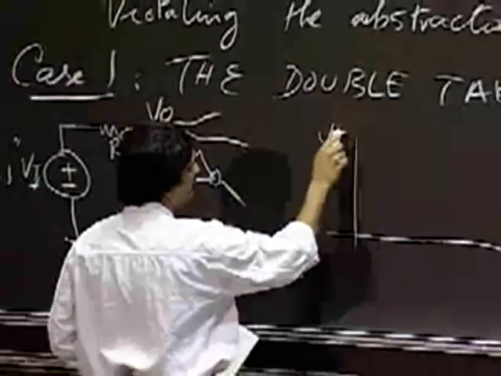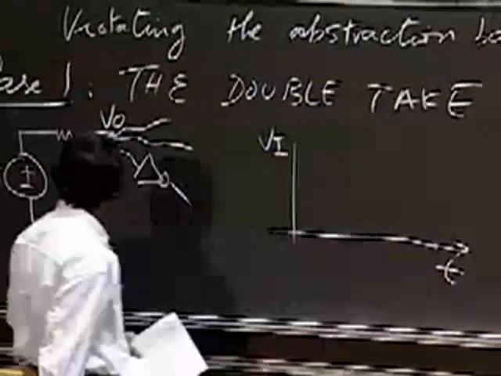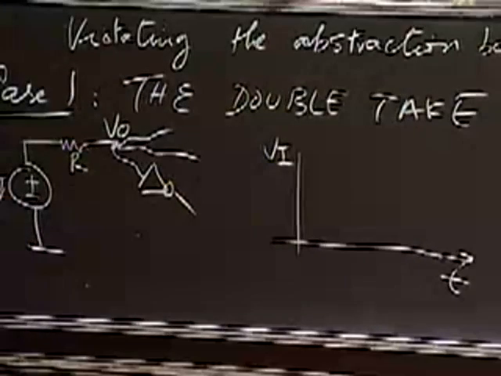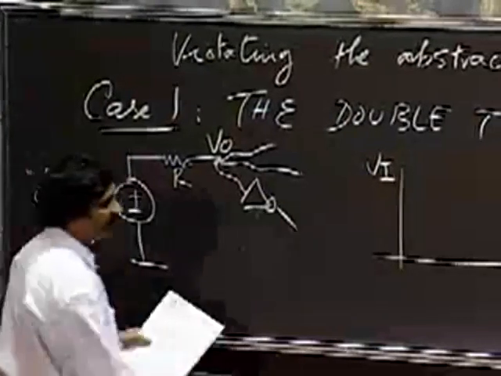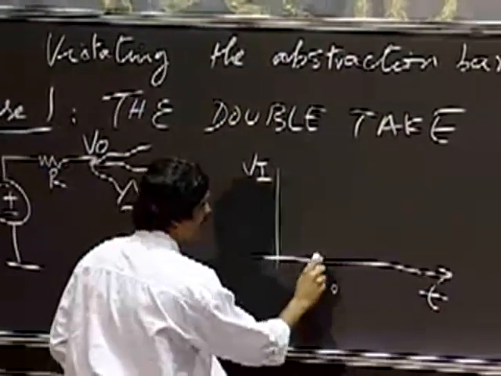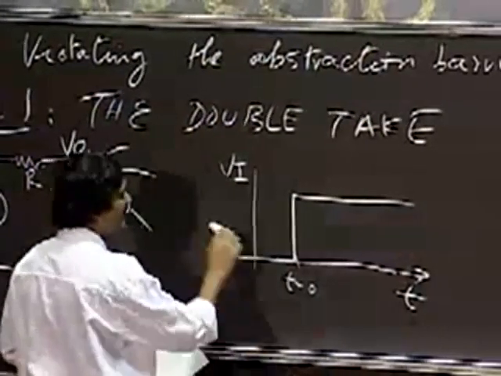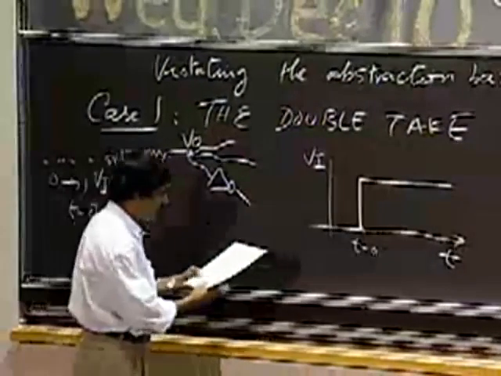So if I plot VI as a function of time, and let's say this step input happens at t equal to 0. So let's say this is t equal to 0 here. And let's say this is a 5-volt step.